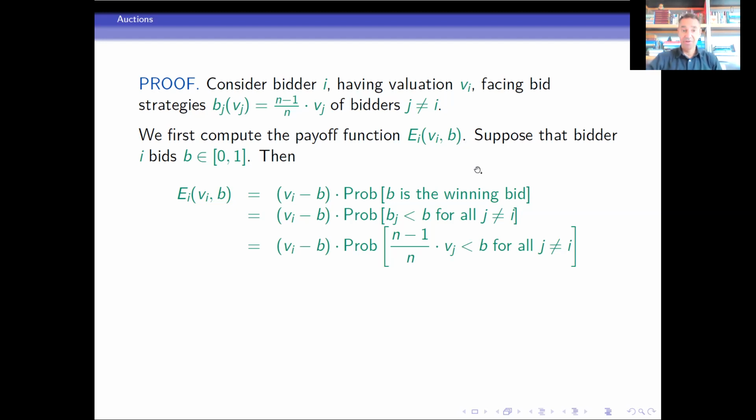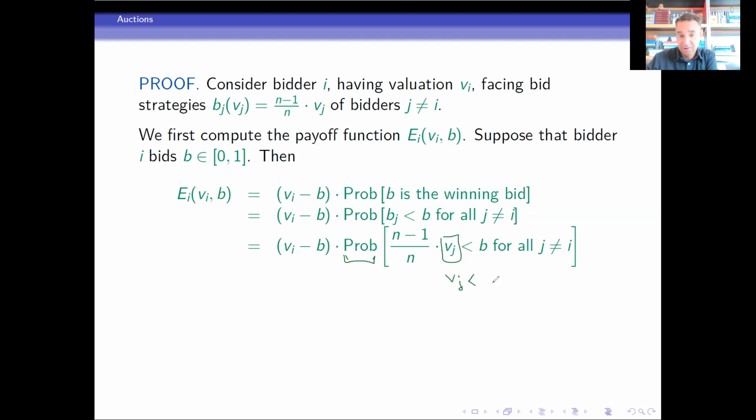So where does the probability come from? It's a probability, right? That's what it says over here. And in what sense is this a probability? What is the thing that I do not know? Well, there's only one thing that I do not know, and that is this Vj over here, right? That's where the uncertainty is. So I'm going to rewrite this in terms of Vj.